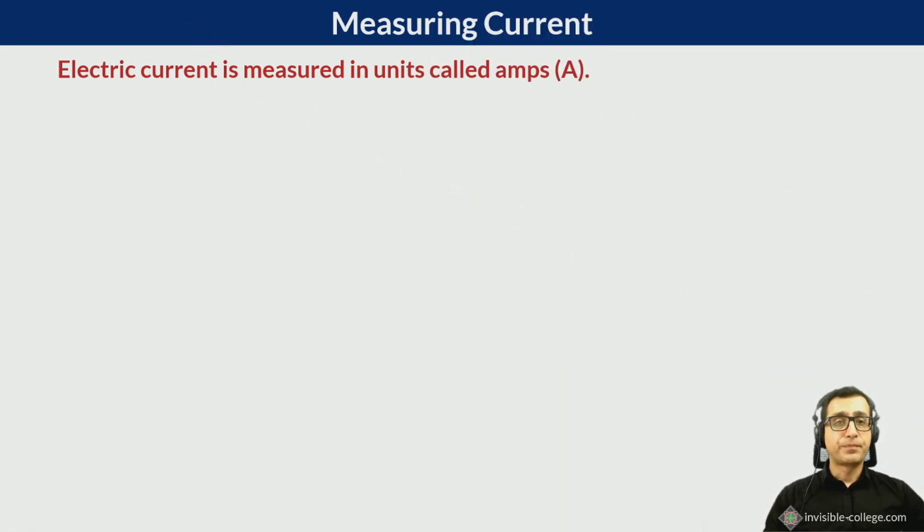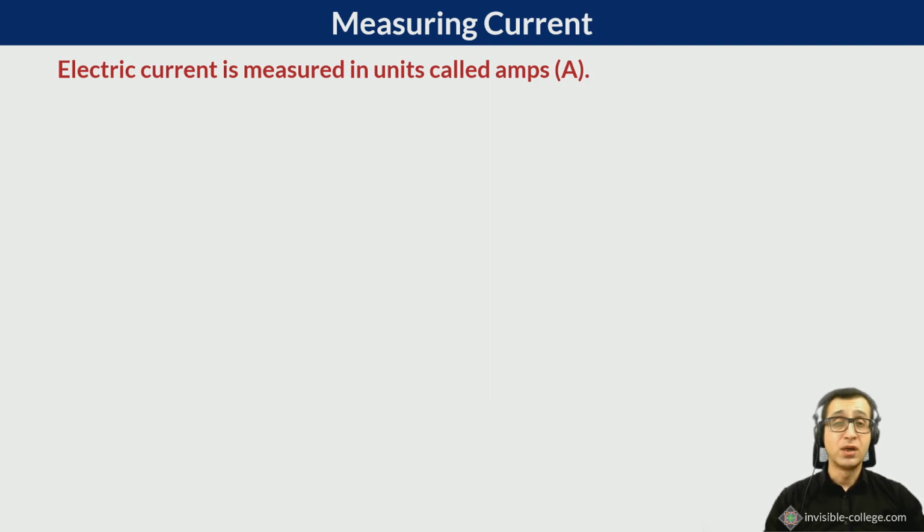Another misconception that I see all the time in exam questions and their answers is the idea that electric current is somehow used up by the devices in a circuit.